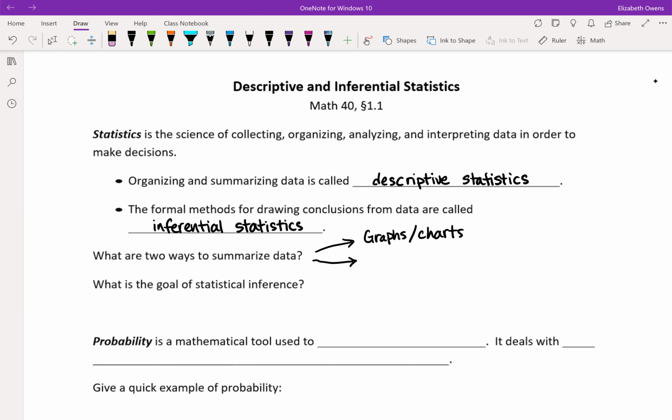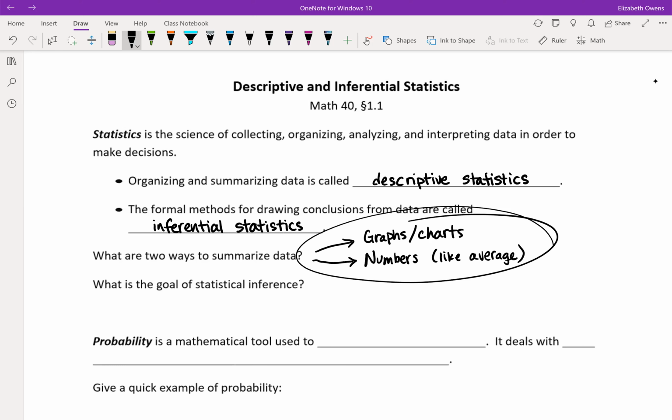If it's well made, can be really informative. And then another way to summarize data is by using numbers and calculations. So this would be things like calculating an average for a set of numbers, also sometimes called the mean. But yeah, we will definitely look at both of these aspects in the course of this semester, for sure.